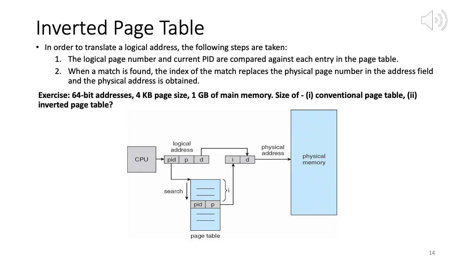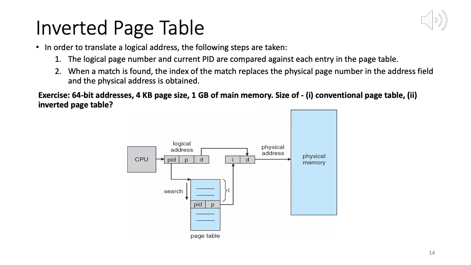Okay, so you can see the page table. What does each entry contain? A tuple with the two values, PID and P. What exactly is P? Our virtual page number, right?